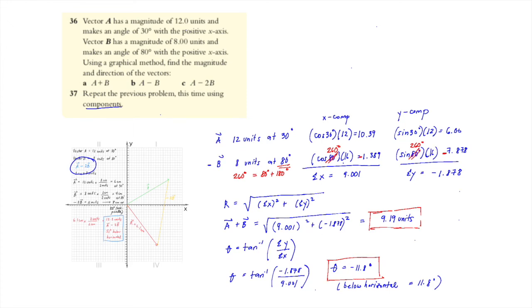And so what is going to change? It will already change the value here, and that would become 7.612. From here we have cosine of 260 times 16.